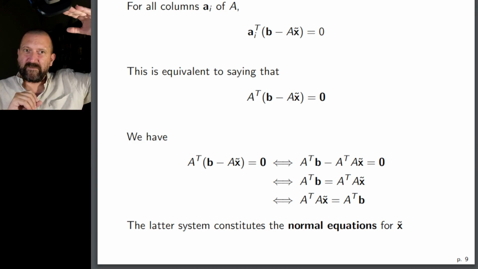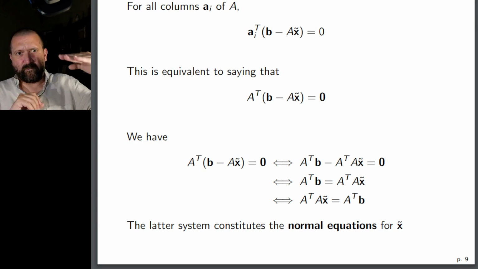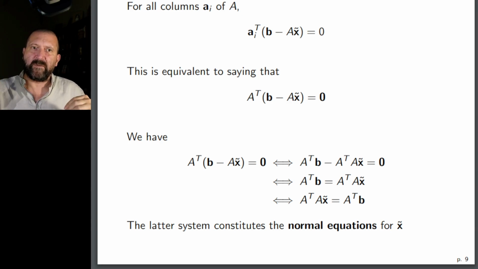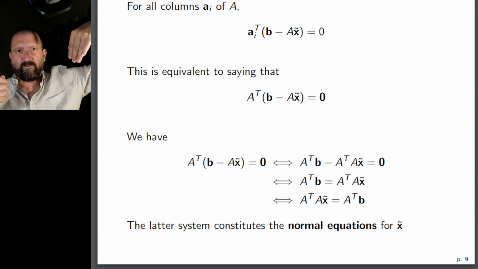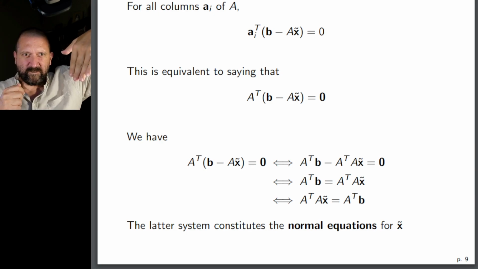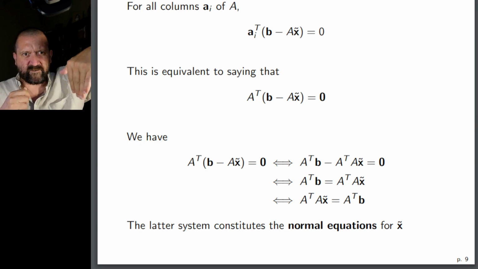But I can do that for every column of A that I take, and get 0. That means I can take the first column, second column, third column, etc. And what does it mean to be taking each column and putting it on its side?